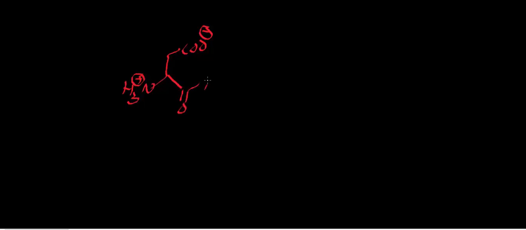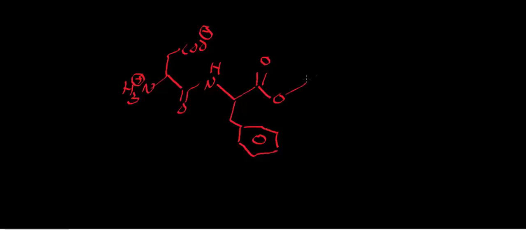So the first amino acid in this very small peptide is aspartate, and the second amino acid is going to be phenylalanine. But this is an unusual peptide in that it ends in a methyl ester. So instead of ending in a carboxylate C-terminus, the C-terminus actually has a methyl making an ester, right? And this molecule right here, this is aspartame.